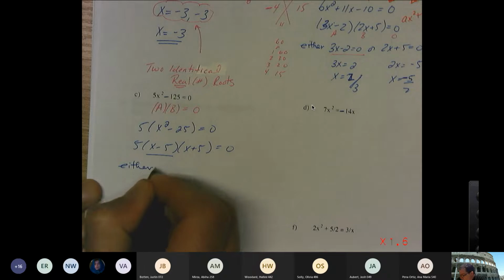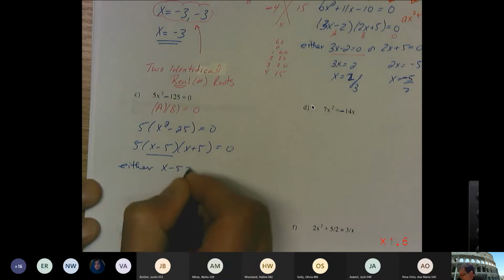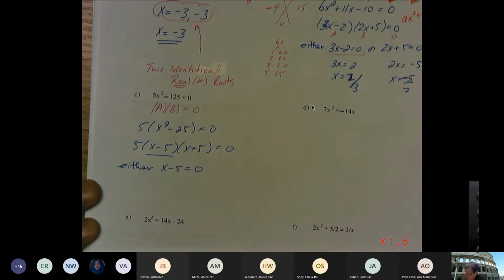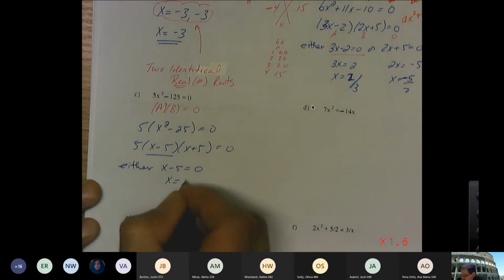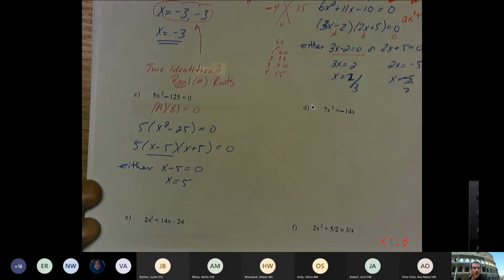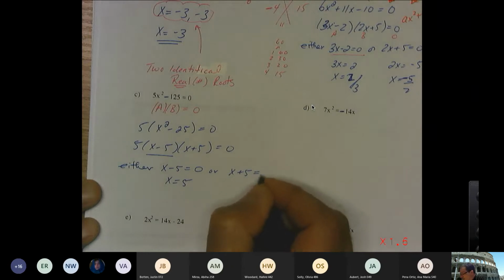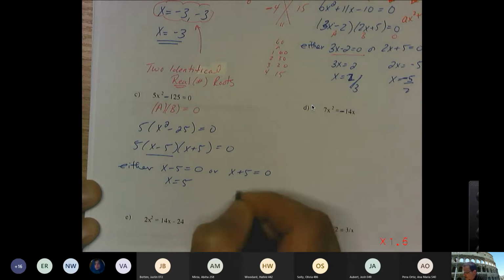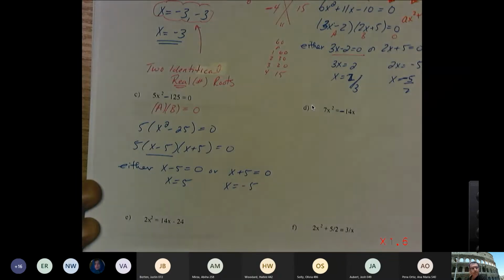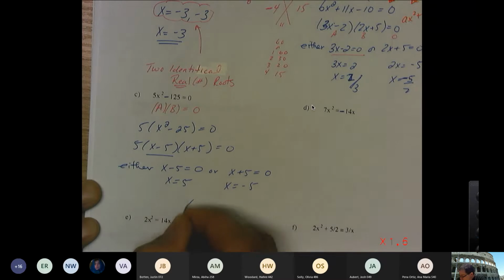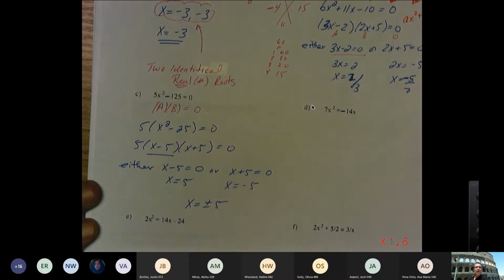But is there a value of x that could make x minus 5 equals 0? And the answer is yes. The value is 5. And is there a value of x that could make x plus 5 equals 0? And the answer to that is yes. It's negative 5. And therefore, we would say that our answers are, those are the zeros.